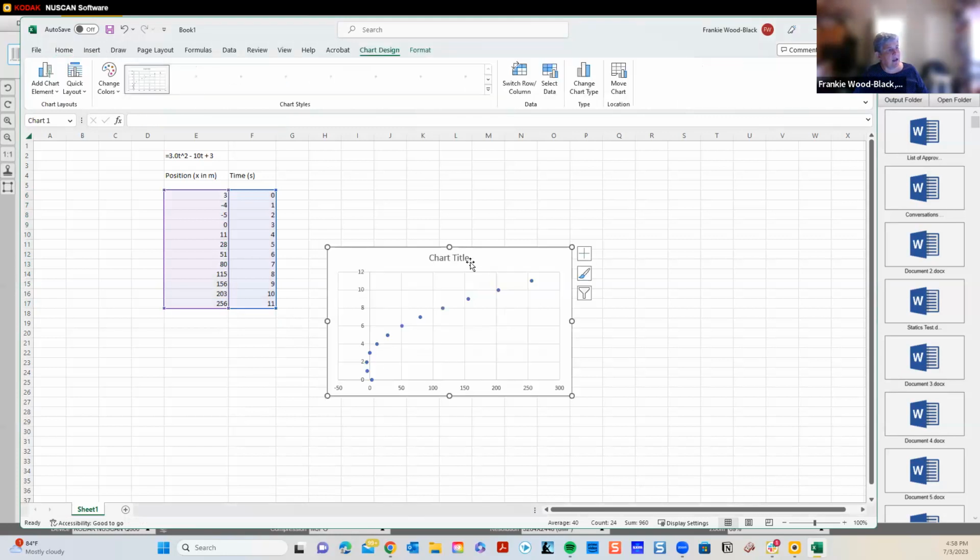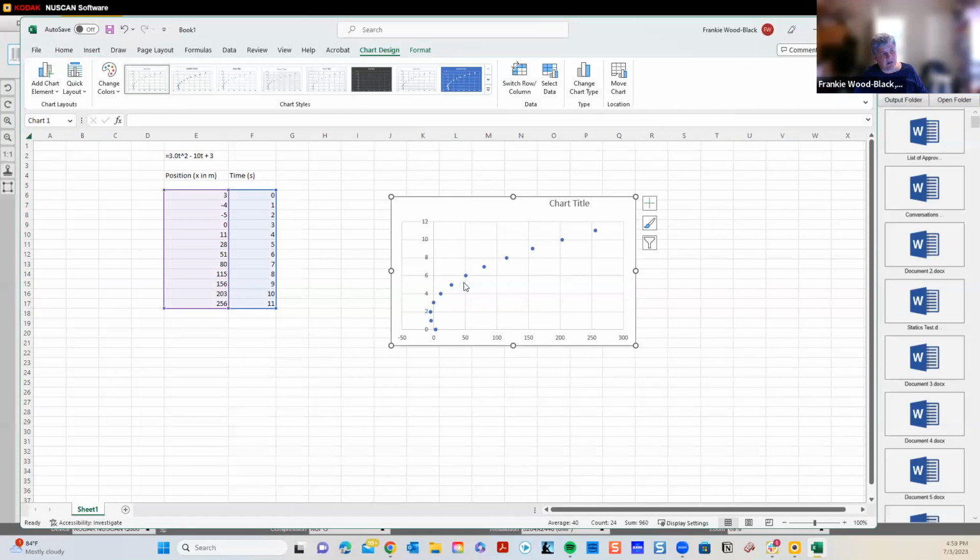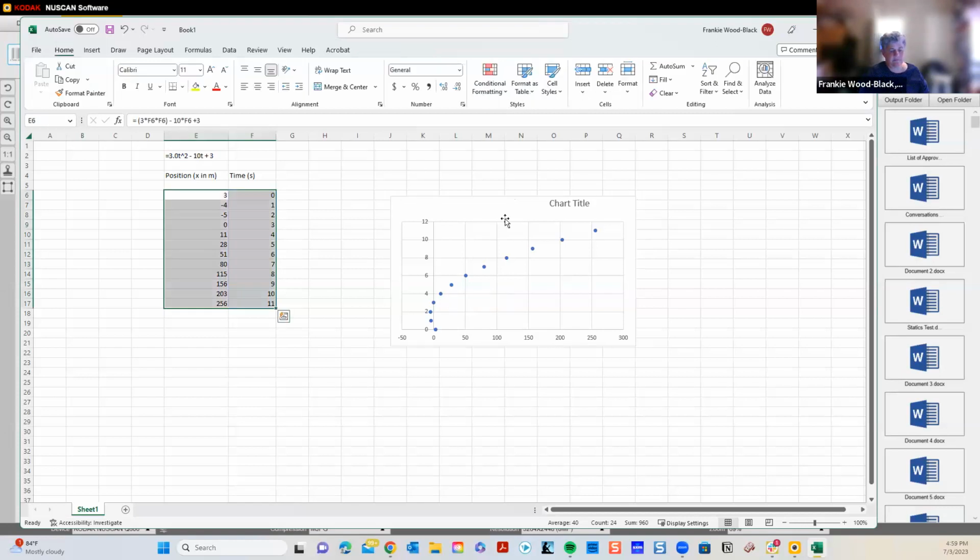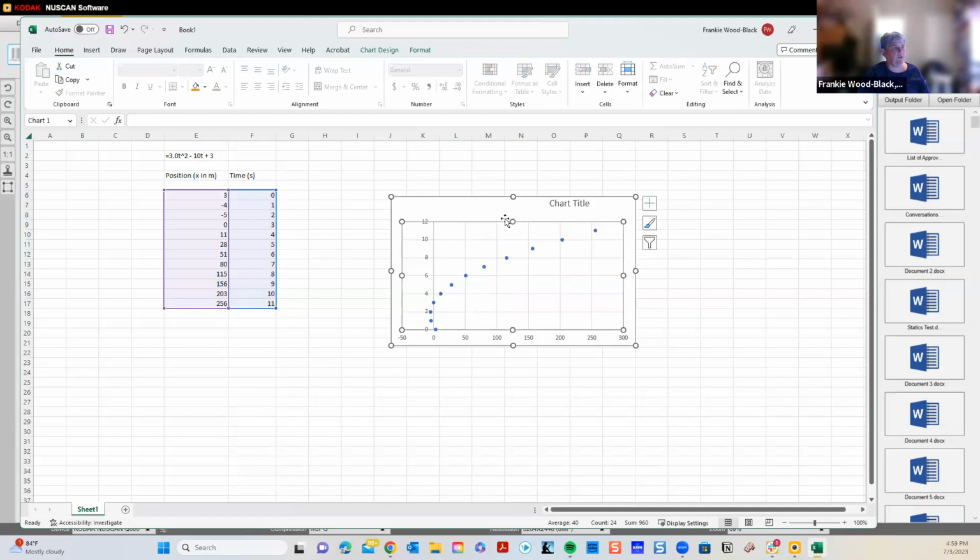And now you can see that strange behavior here. But what that instantaneous velocity is doing, I got that backwards. I'm going to do it the other way. We're going to go ahead and delete that.